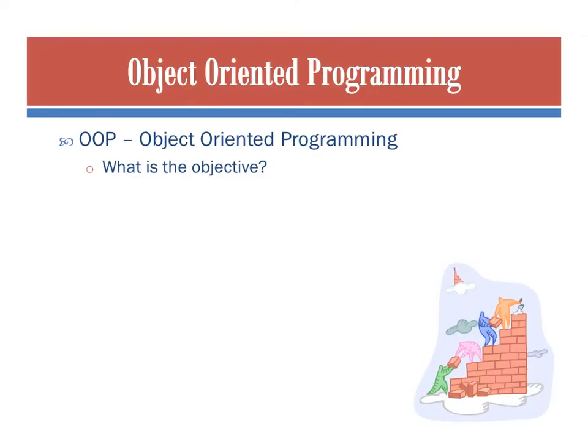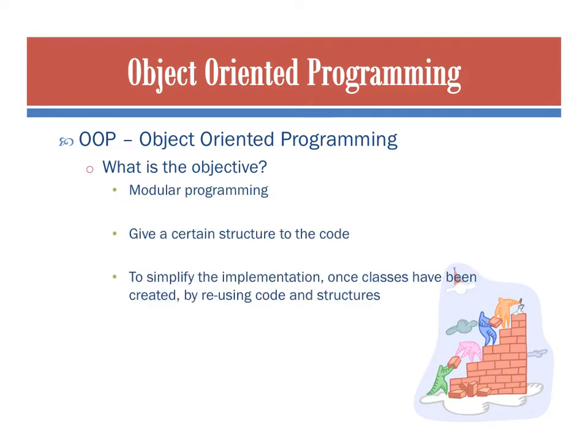So let's dive into this. What is the objective of object-oriented programming? Why do we want to use this paradigm in order to create our programs? So we can divide that into three basic main objectives, one related to the other. The first is to create modular programming, and I think it will become more apparent as we go along how we can build these little modules.